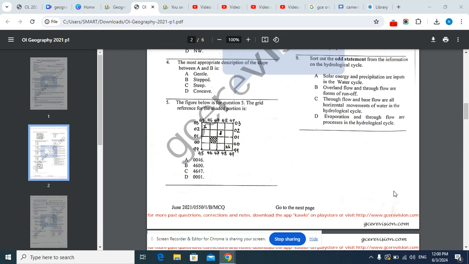The figure below is for question 5. The grid reference for the shaded portion is. The answer is B.